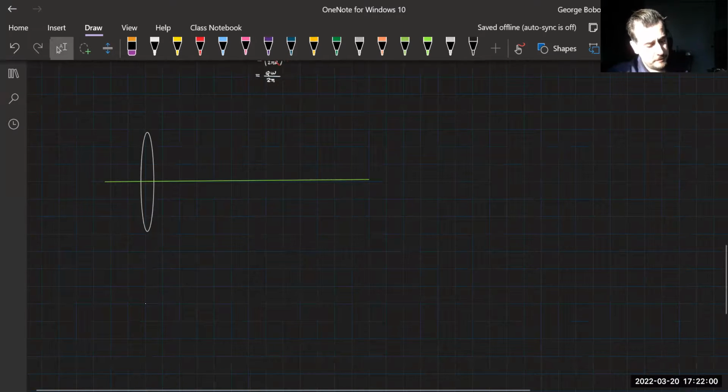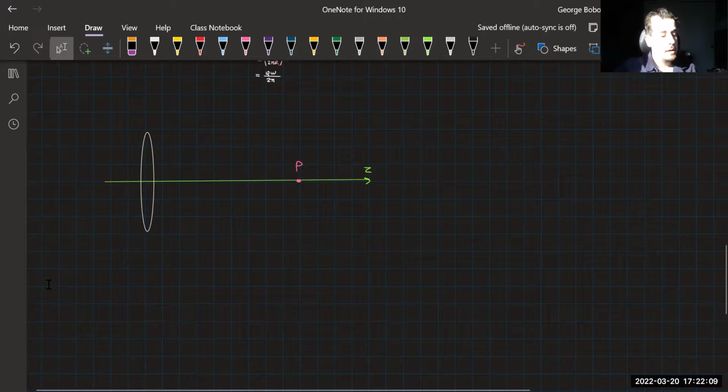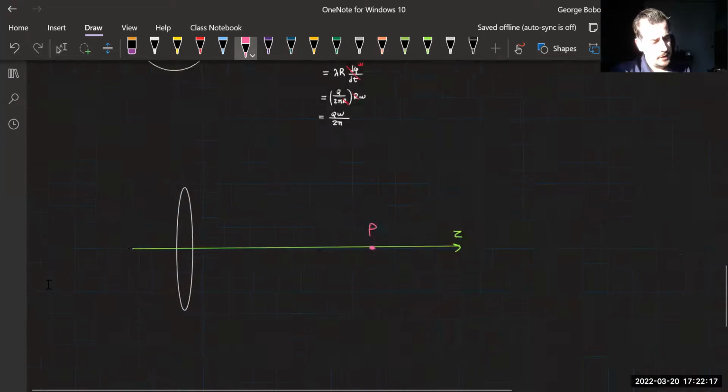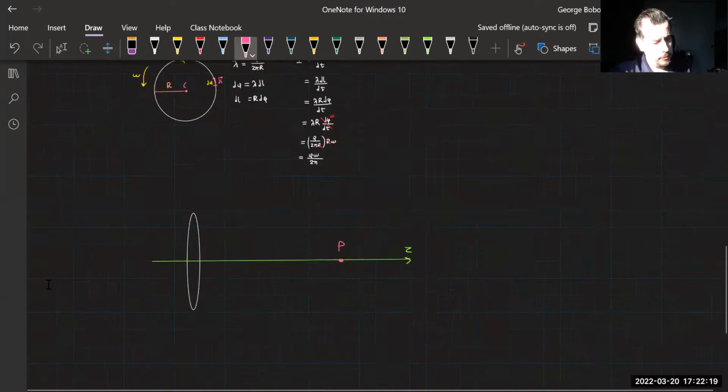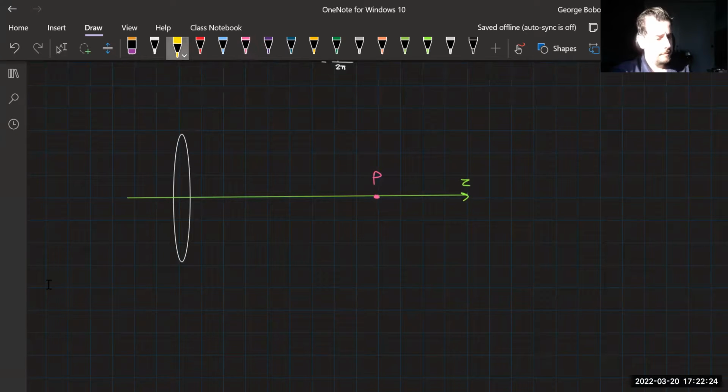You're looking for the magnetic field at a point P along the symmetry axis of the ring, so along the Z axis here. You can probably sense some kind of symmetry here, and you'd be right. Let's say the ring rotates this way.